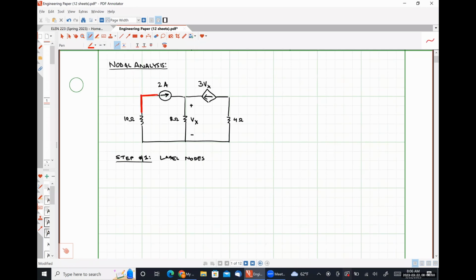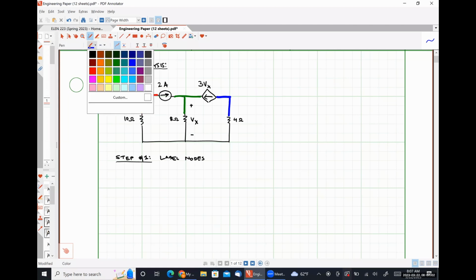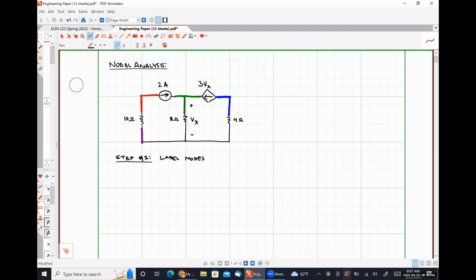I've got this red node on the top left, this green node on the top middle, this blue node on the top right, and this purple node along the bottom.